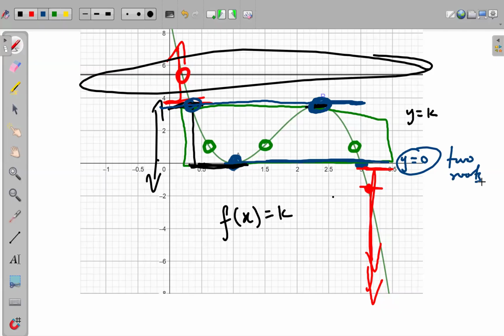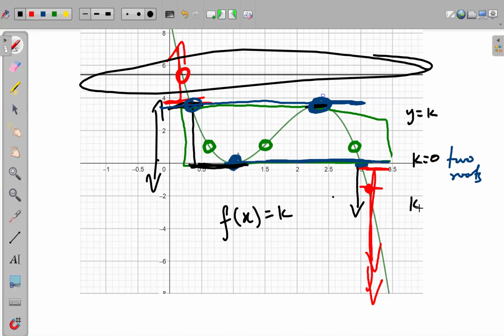So y equals 0 is definitely going to be one of your solutions for 2 roots, if they're asking for 2 roots. If they're asking for 1 root, then surely you want the line y equals k to move below your turning point. So you want it to be less than 0. So you will say k, not y, but you'll say k is 0 for 2 roots.